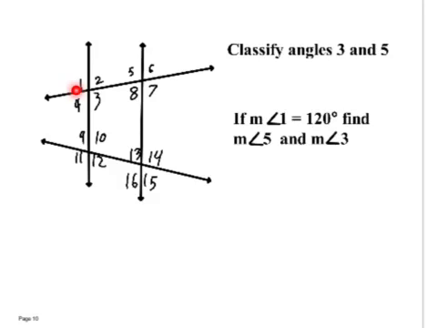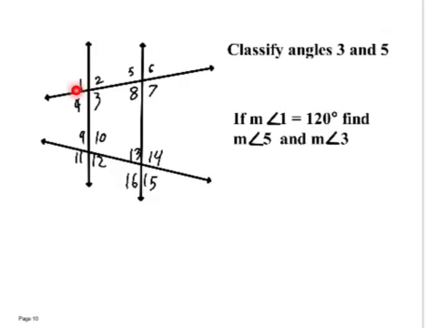Corresponding, right? Corresponding angles are congruent. So if angle 1 is 120, what's angle 5? It'd have to be 120, wouldn't it? Thank you. So what would angle 3 be? If angle 1 is 120 and 5 is 120, what's angle 3 got to be?